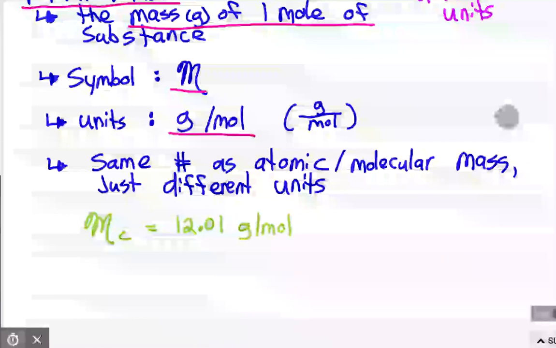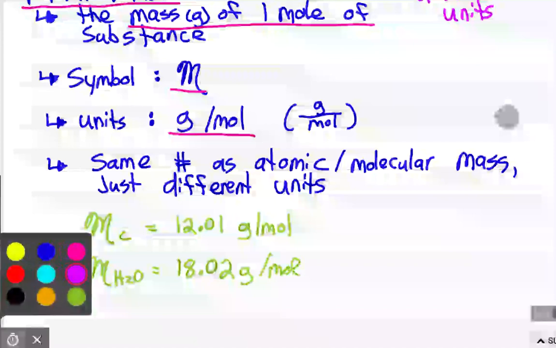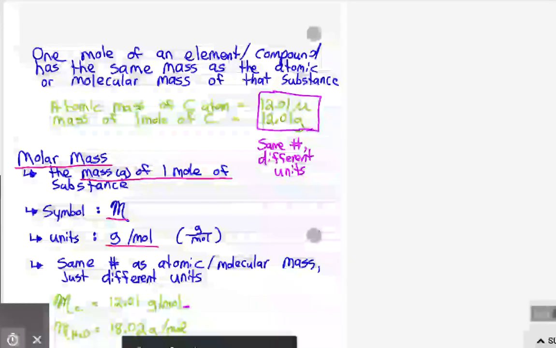Grams per mole. Our molar mass of water is the same number as molecular mass, but again, units, grams per mole. Okay, and so just note that our unit is missing the E on purpose.